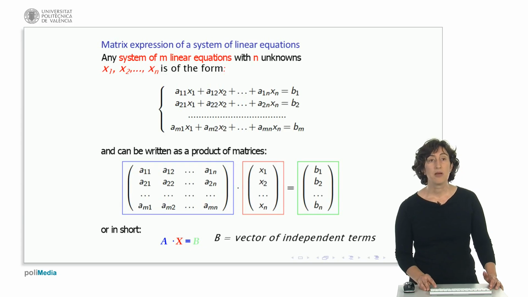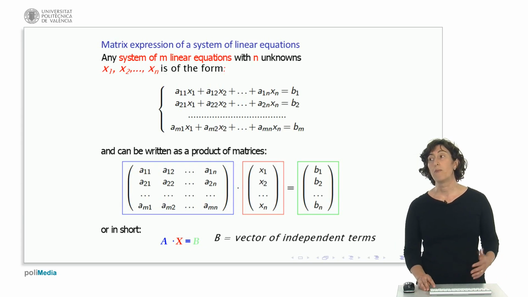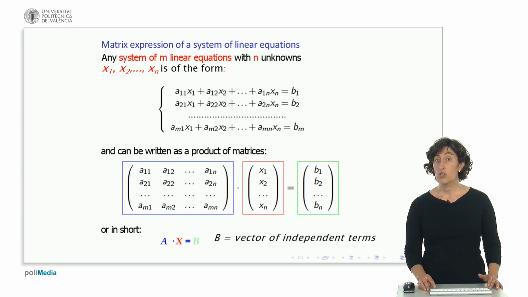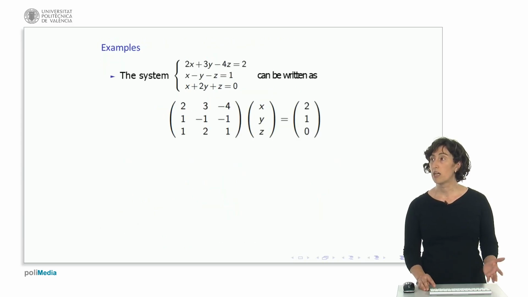Well, here we see that all systems can be written in matrix form, whether it is a system with the same number of equations as unknowns or not. For example, this system: 2x plus 3y minus 4z equals 2, x minus y minus z equals 1, and x plus 2y plus z equals 0.